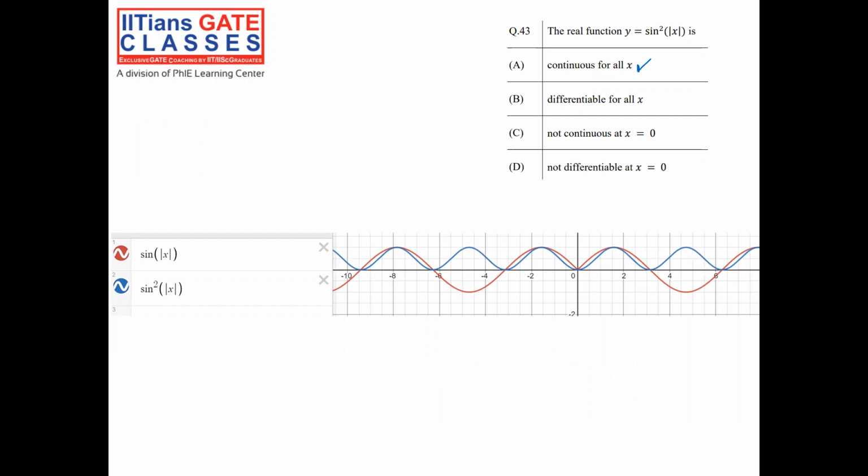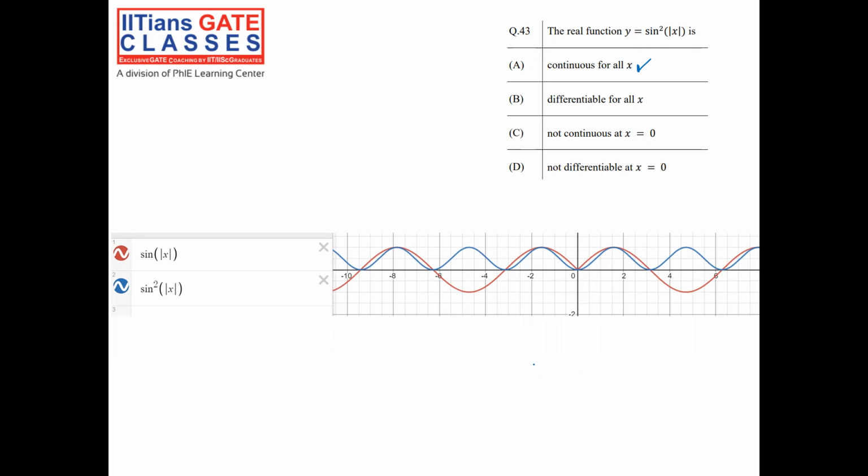So whenever we got some sharp end like this, there is a possibility that there can be more than one tangent at that point. Okay, so we will say that it will not have a unique one. So it means we don't have a unique derivative at that point, and it means that the function is not differentiable.